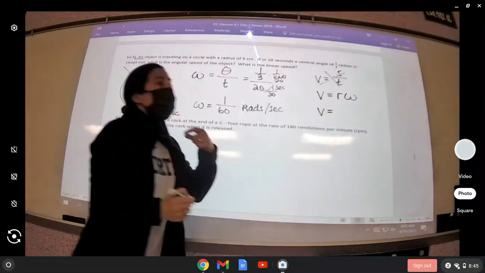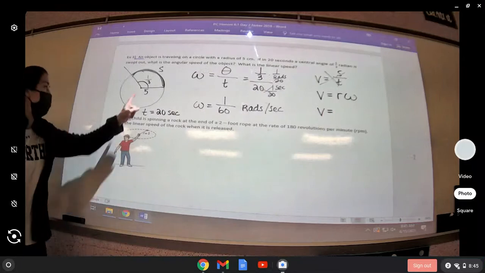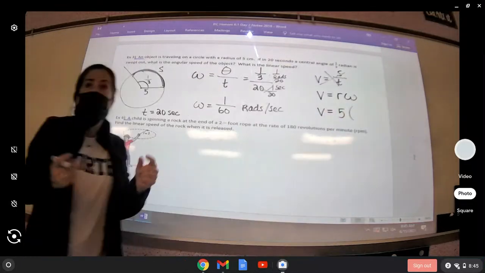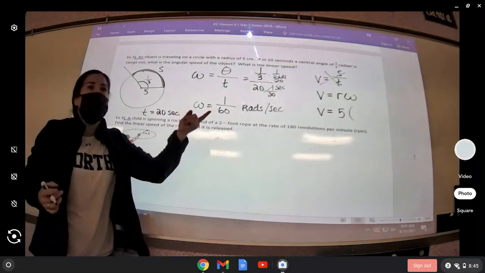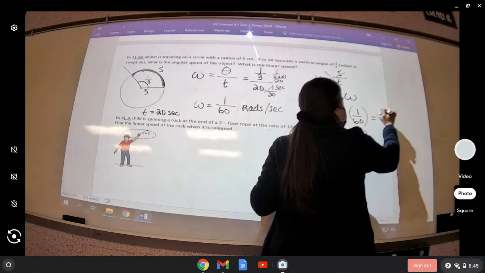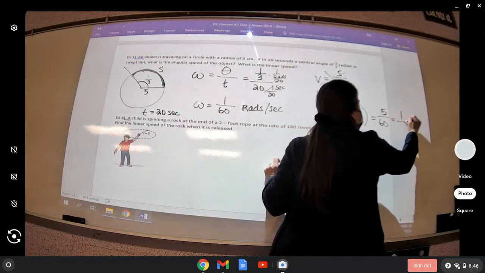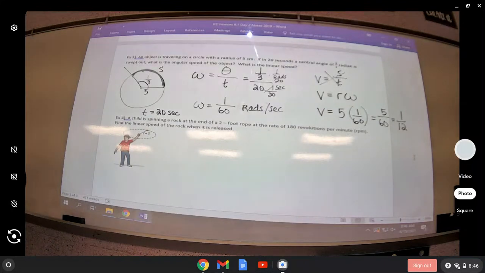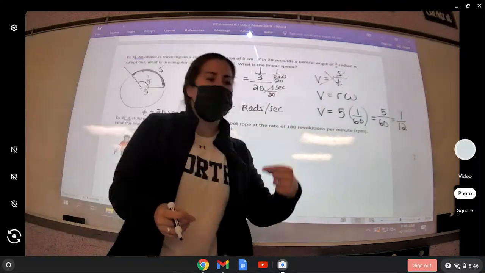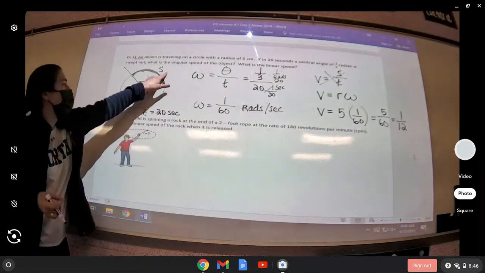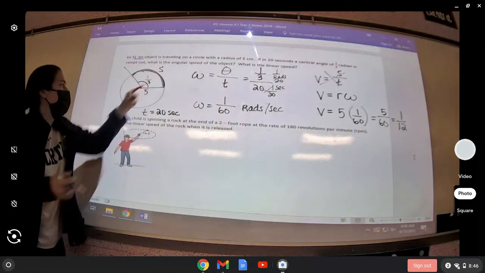So V equals, what was the radius? Because that's what R is. It was 5 centimeters. Times, what was your omega, your angular speed? It was 1 over 60. That's 5 over 60, which is 1/12. So now your unit of measurement. Well, guys, linear speed is literally the distance the object traveled per unit of time. So the radius and the object are always measured in the same unit.